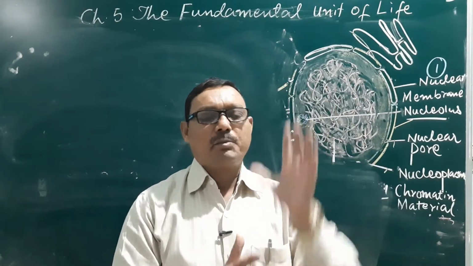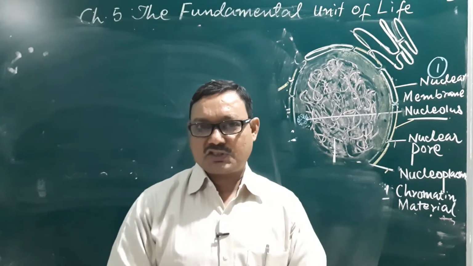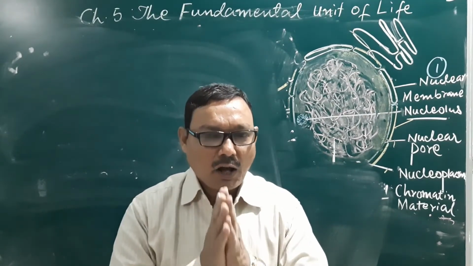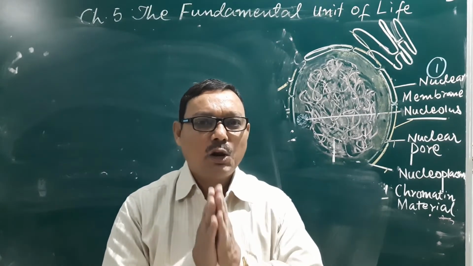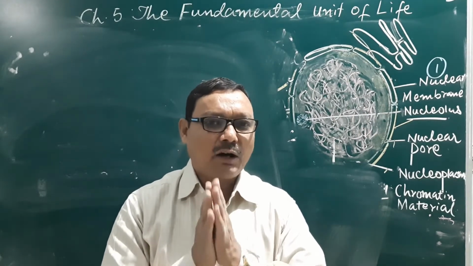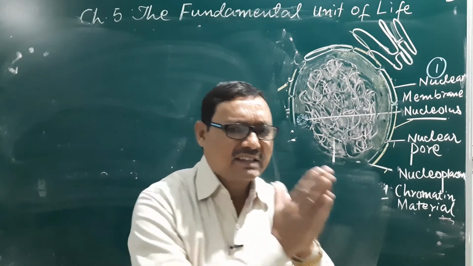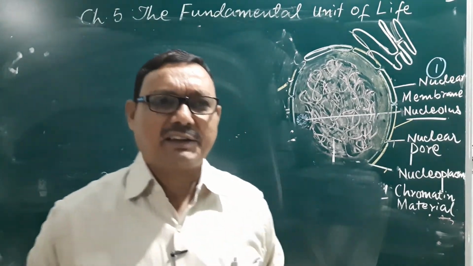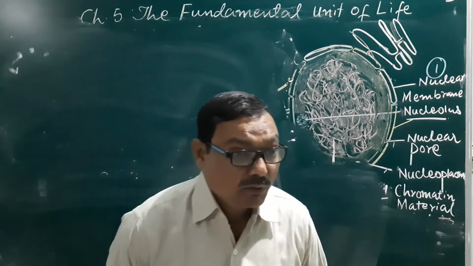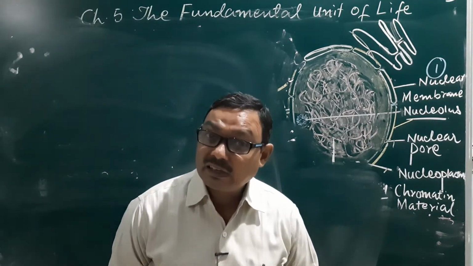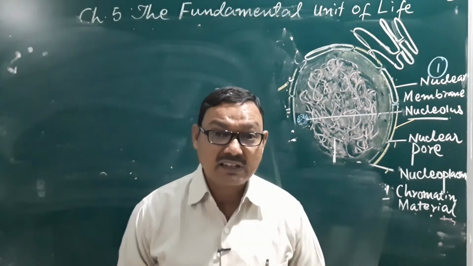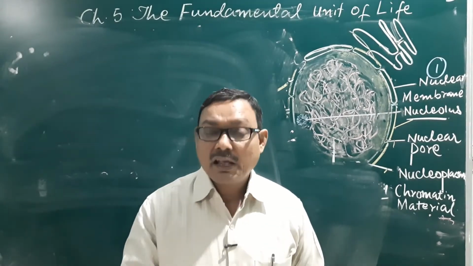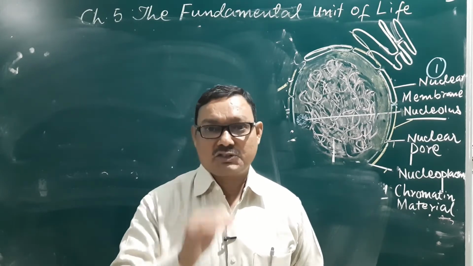When we are talking about amitosis, that means we are talking about the division of the cell in the lower categories of organisms, and also in some specific types of cells, like in our own body, when our WBCs, the white blood cells, divide, they divide on the pattern of amitosis.